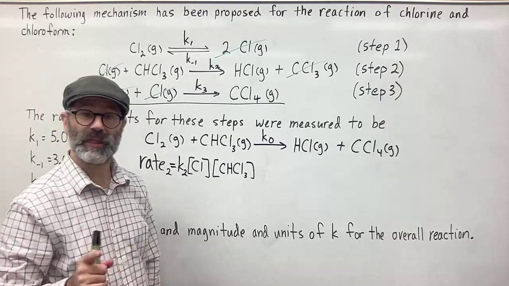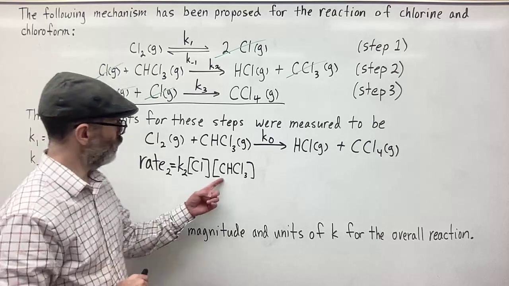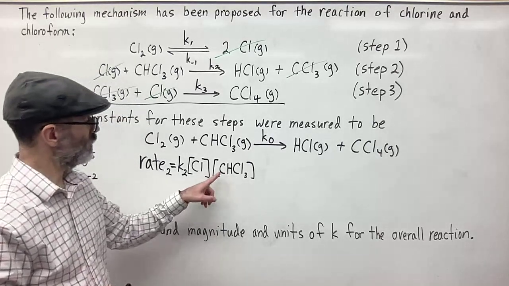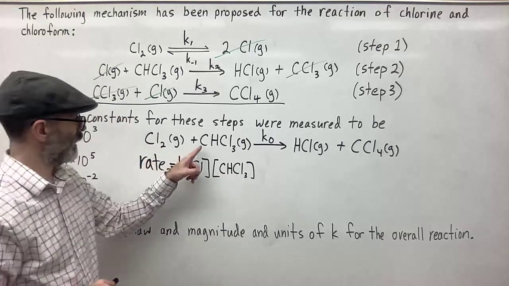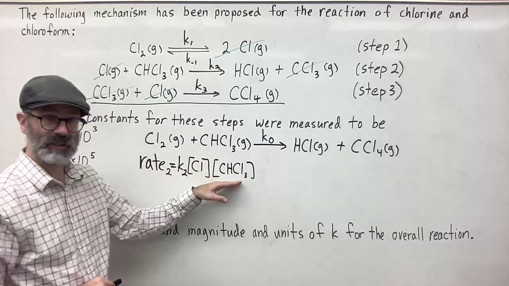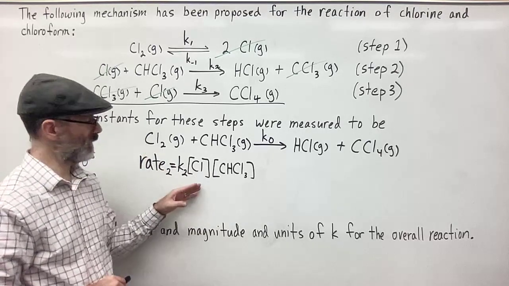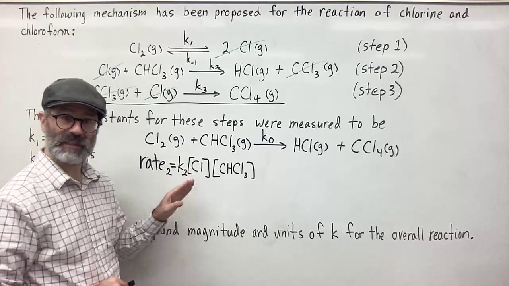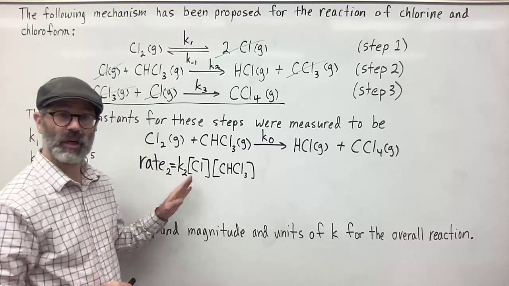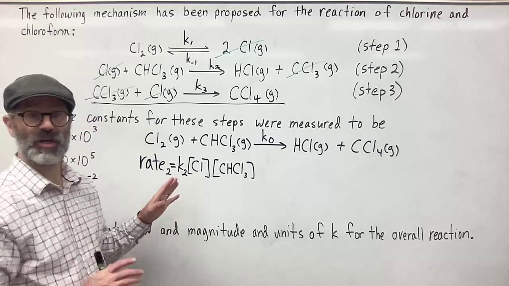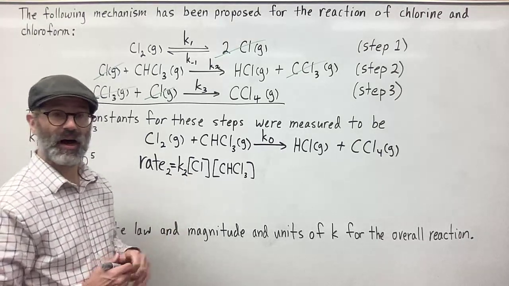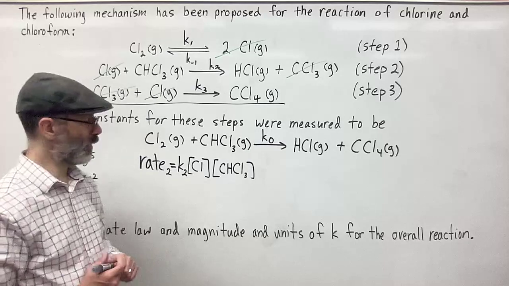So we cannot have that. Notice CHCl3 is in the overall reaction, so that stays, but Cl is not. We have Cl2 but not Cl. So we need to substitute to get rid of Cl and have something that we are allowed to have in our rate law expression.